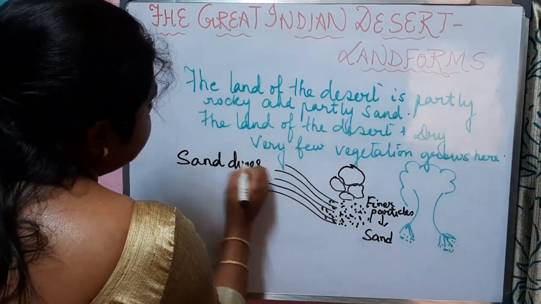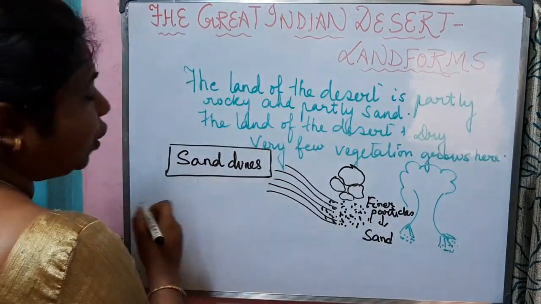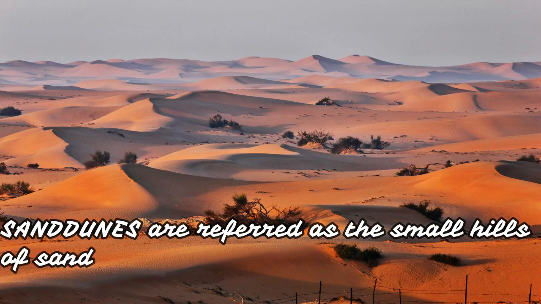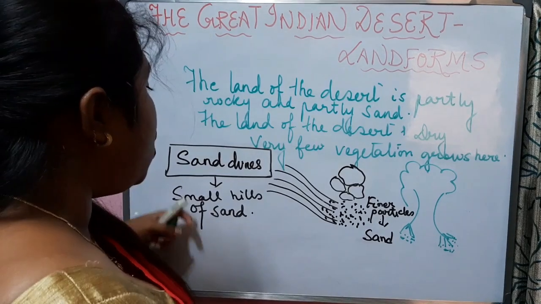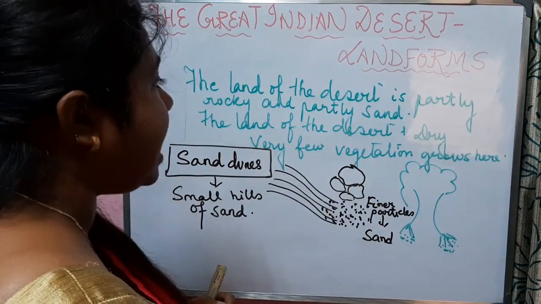What are sand dunes? Sand dunes are small hills of sand which we can find in the desert.